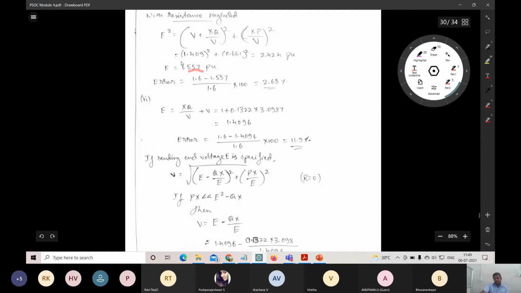The difference between these two values will give you the error value. That error value will be 1.6 minus 1.5575 divided by 1.6, multiplied by 100 for percentage, which is 2.68.